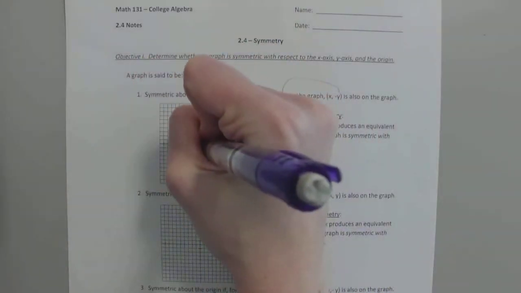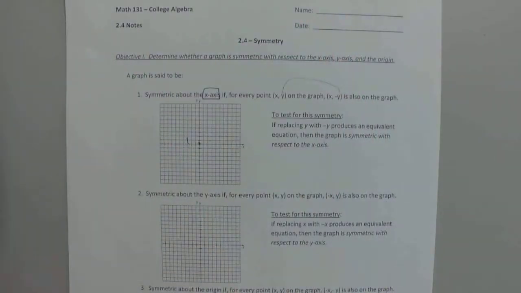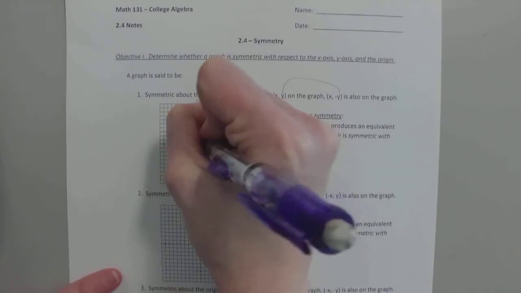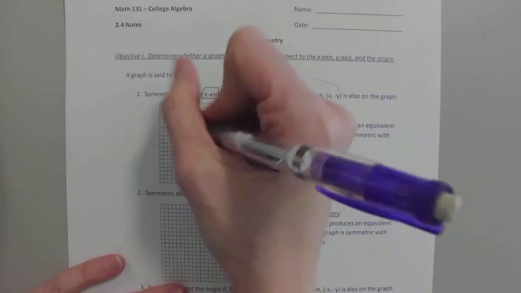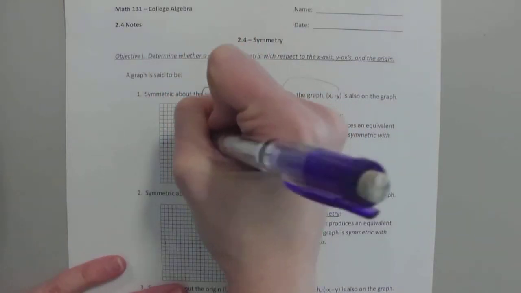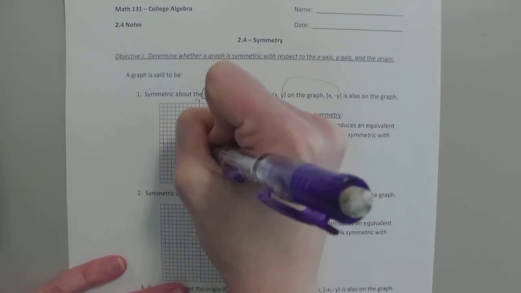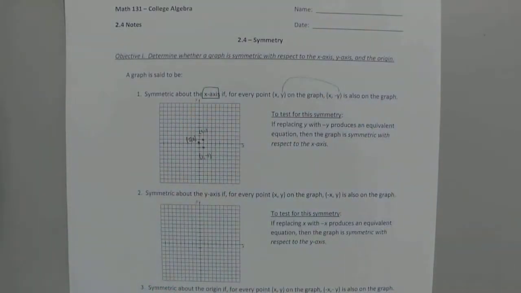So let's label the first point, the origin. Let's label it (0, 0). All right, and then let's label the point (1, 1), and the point (1, negative 1).